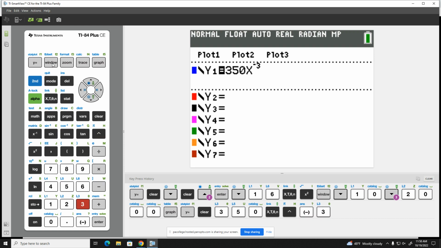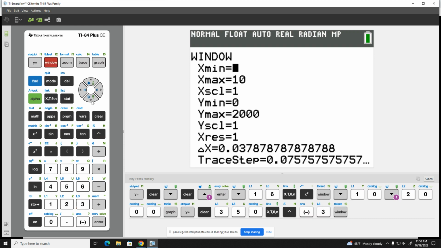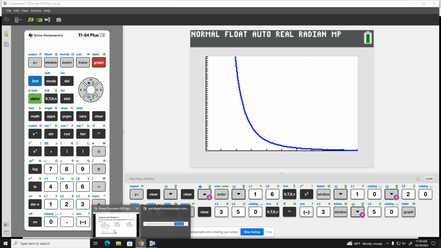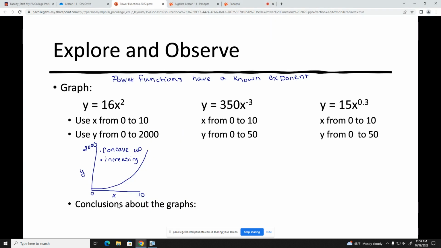And then in my window, I again was having x 0 to 10, and my y this time was 0 to 50. And so I see a curve. Again, it is concave up. This time it is decreasing. Again, it really looks like an exponential curve to me, even though my equation was a power function and not an exponential equation. And so I'll sketch this out.